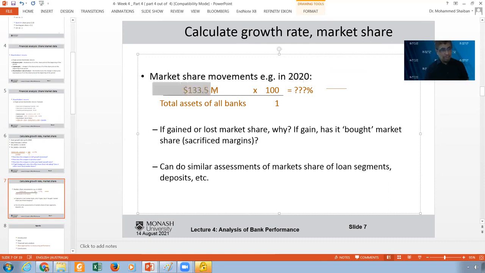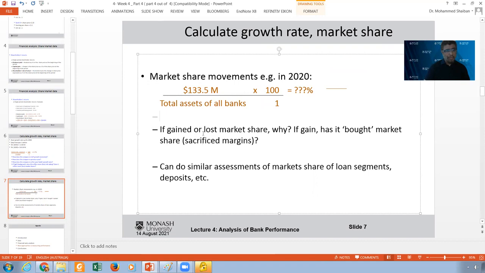So you take your total assets, compare them to the total assets of the whole banking system, and see how much your share is of the total market, which means your share of the loan market, in the housing market, your share in the banking system.